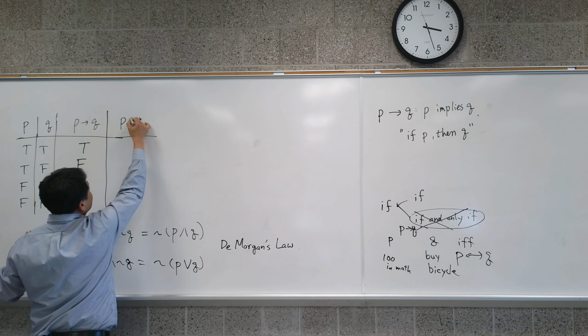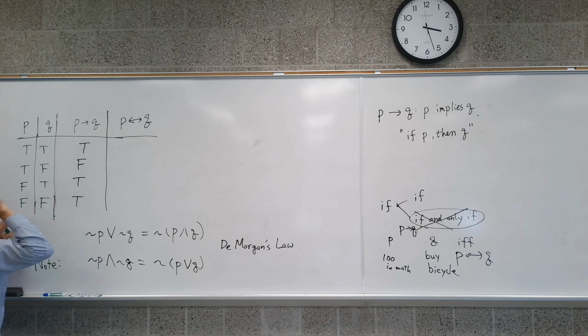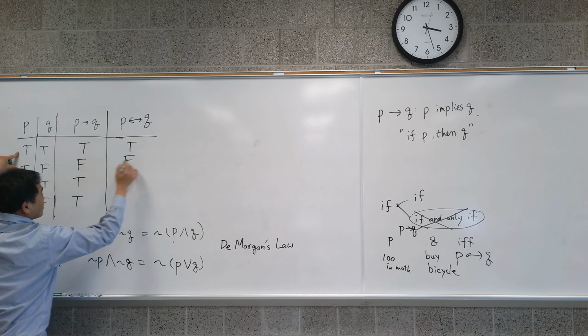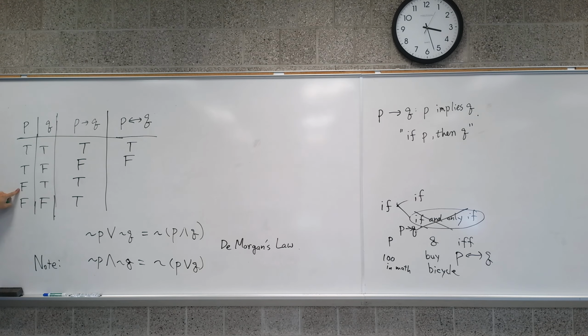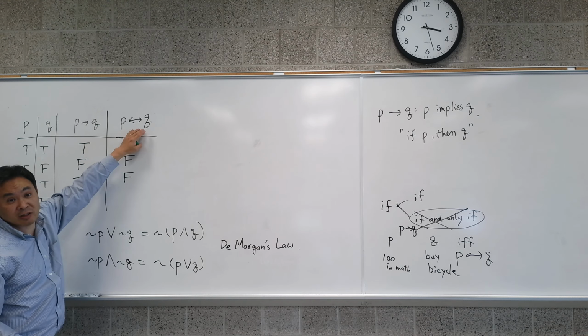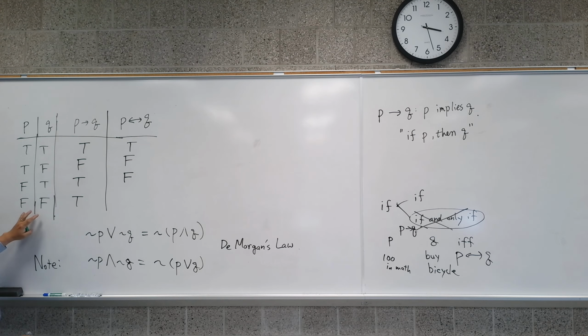Okay. On the other hand, if you have if and only if, then this is still the same, but if my part of the bargain is false and the other guy has the truth, that's not good. That makes the original statement false.